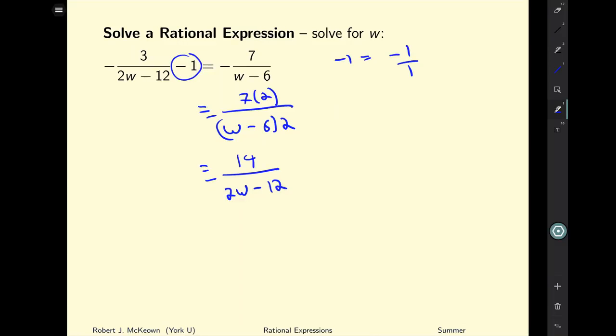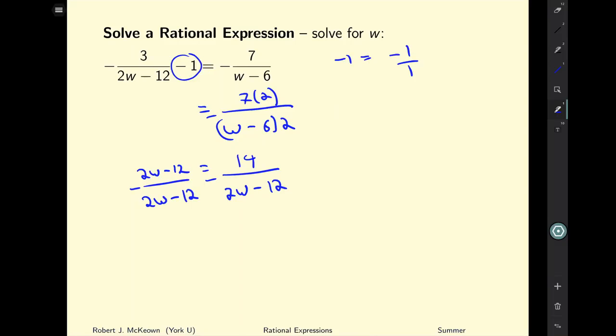So if I do that, I'm going to get (2w minus 12 over 2w minus 12), and you can see very clearly that that's got to be equal to 1.